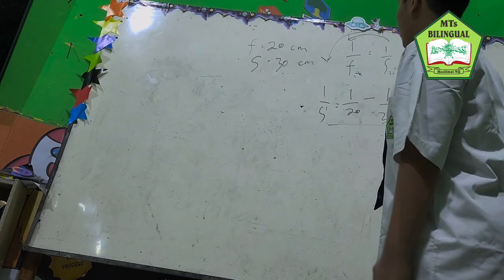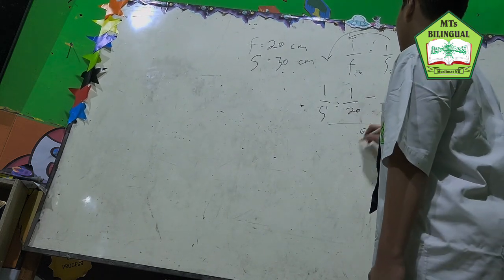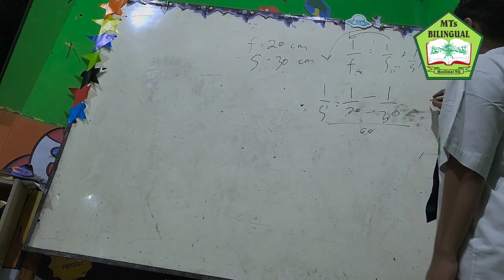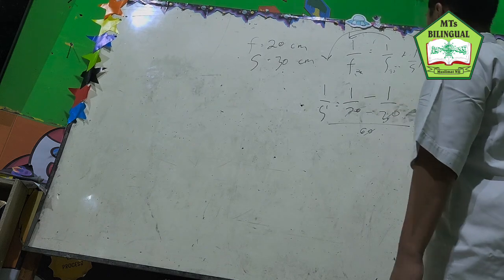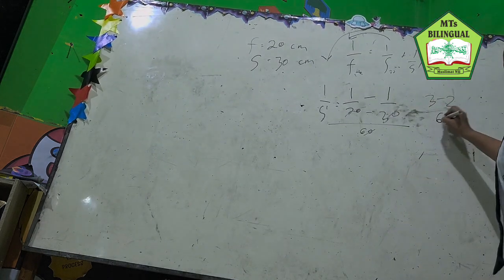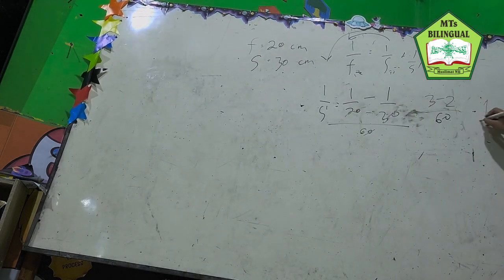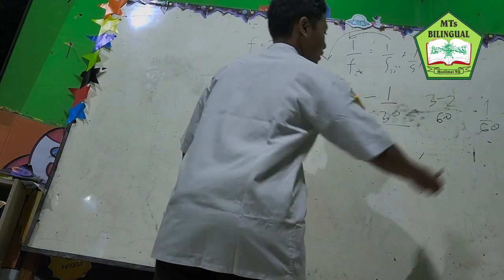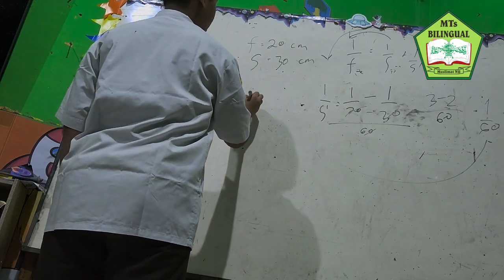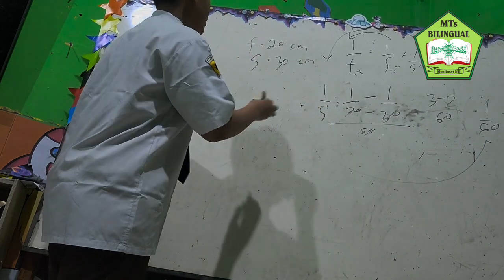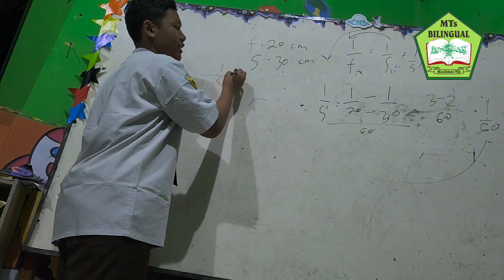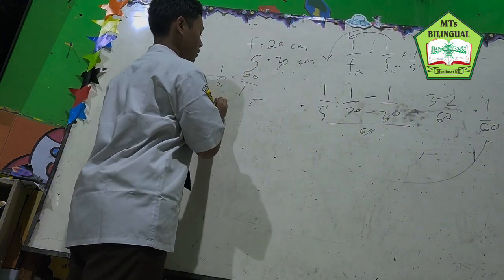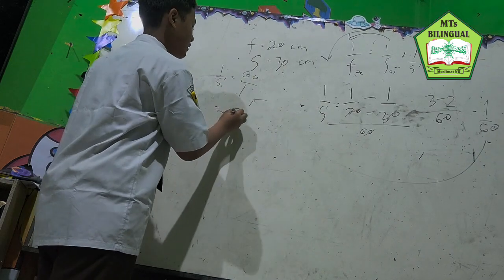We know the HCF is maybe 60, which makes 3 minus 2 over 60, which means 1 over 60. Then if they ask about s prime, we must refer to the positions like this, which means the dioptre is 60.